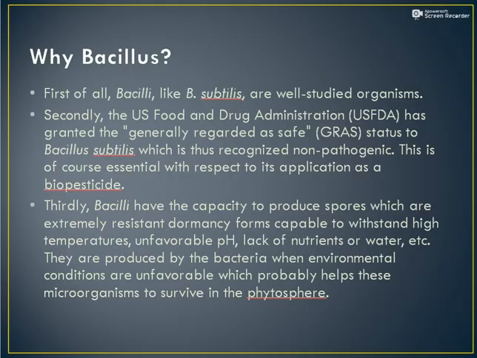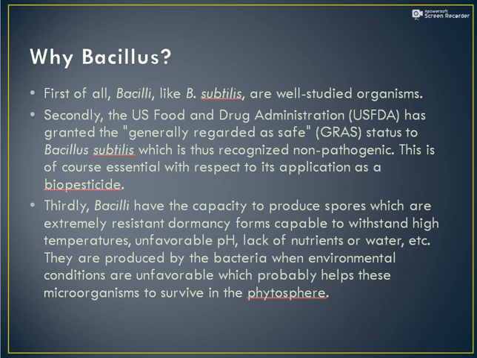Now, why do we have to choose Bacillus always? Bacillus is a well-studied organism, and specifically, Bacillus subtilis is also well-studied. And generally speaking, the USFDA has granted Bacillus subtilis a Generally Regarded As Safe status, which means that it is not pathogenic.